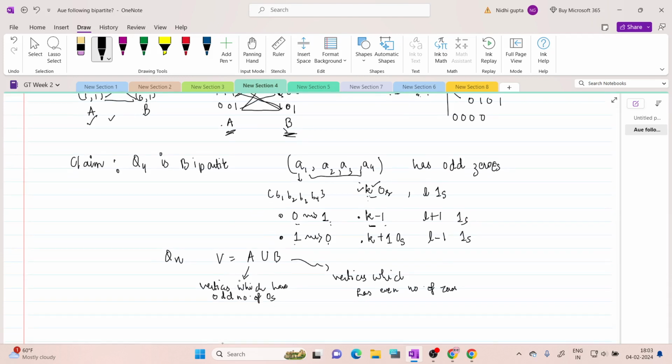From this argument we see that A cannot have any edge within it and B cannot have any edge within it. So we are able to find two independent sets, and they are disjoint also. Therefore we see that Qn is bipartite.